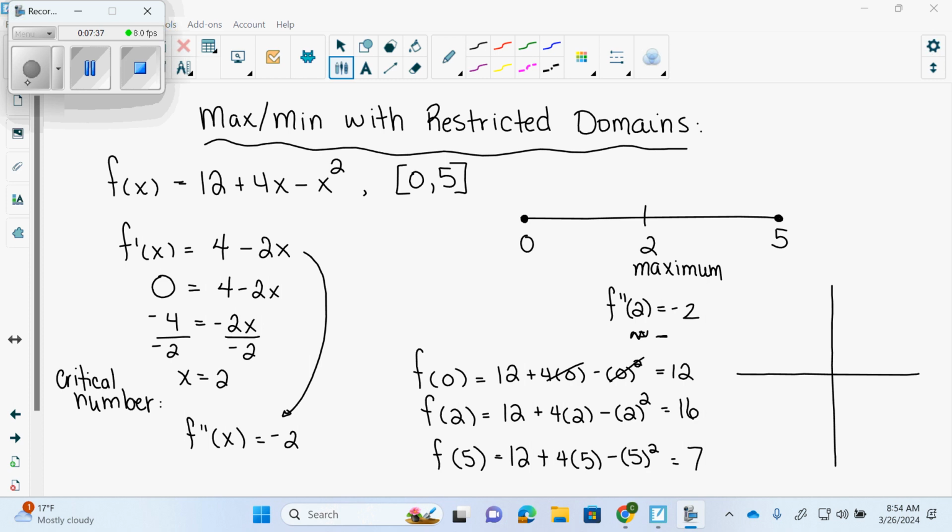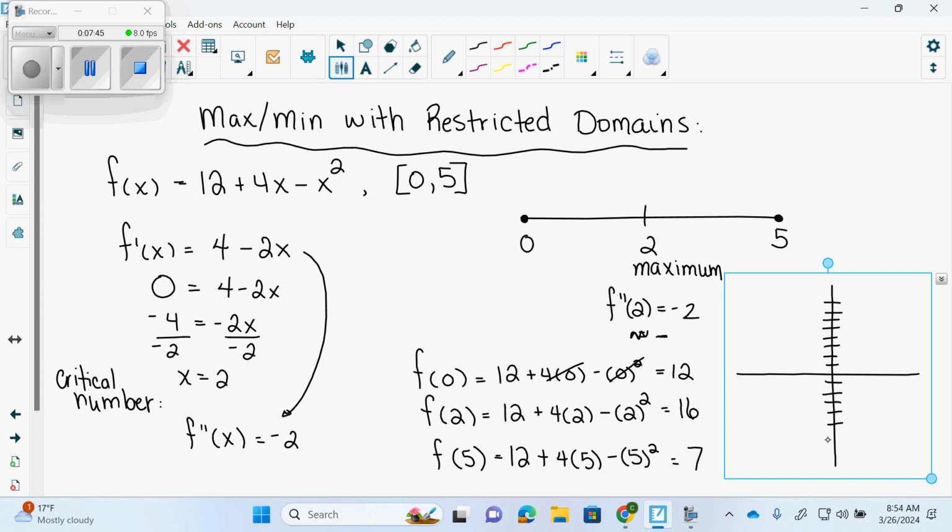So if I put these points, I would have 0 and 12. 2, 4, 6, 8, 10, 12, 14, 16. So this would be my y scale of 2, x scale of 1 to help myself out.